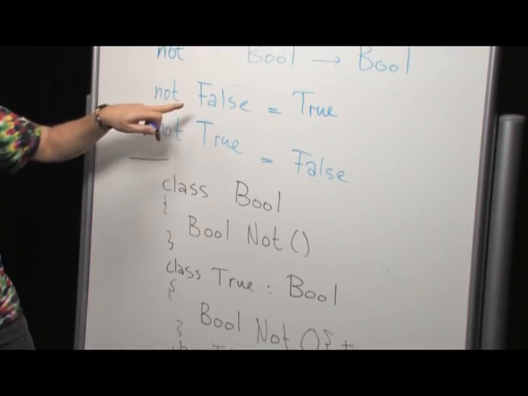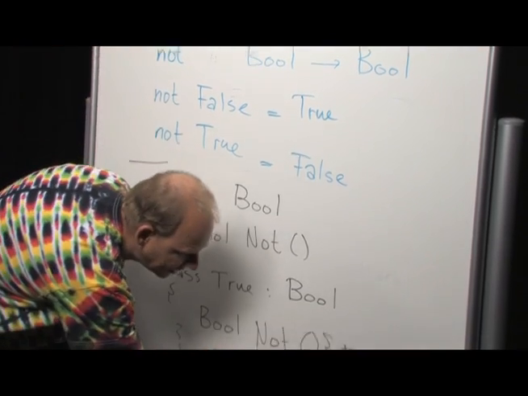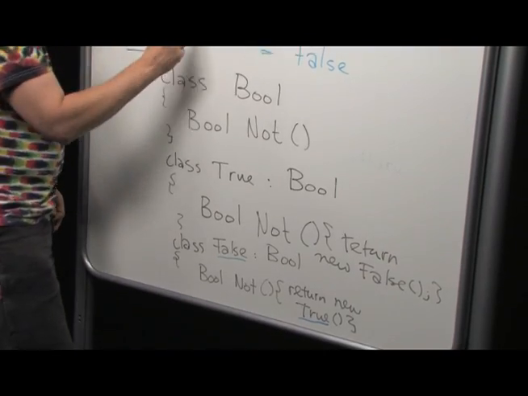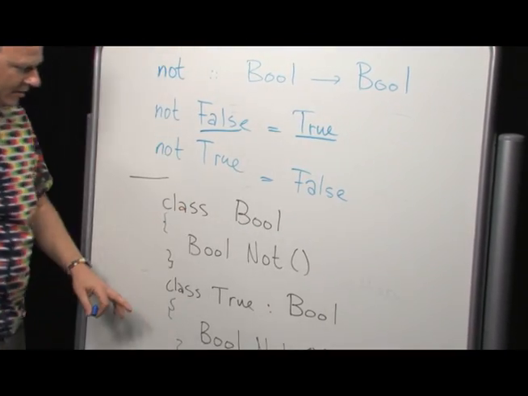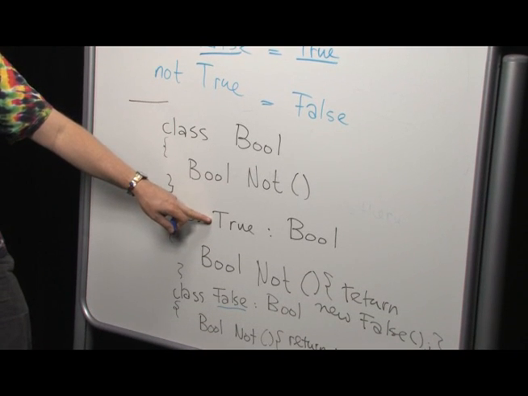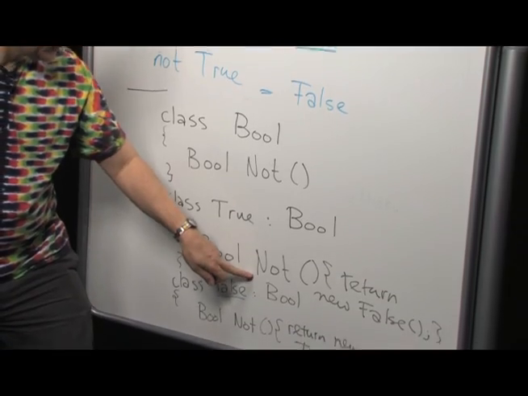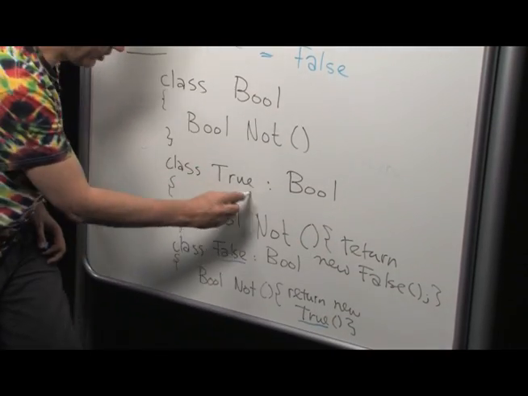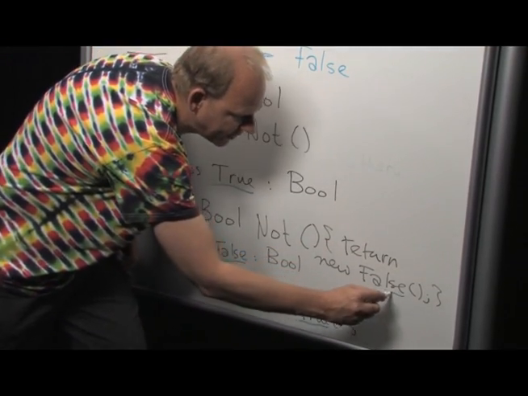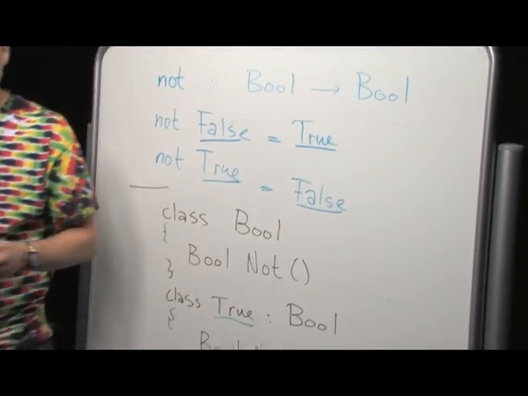So if I call this with False, I return True. So you see that information that's in here, and similarly, when I have a value of type True, the receiver has type True, then when I negate it, I return False. So the important information is this, and you see that appearing here.